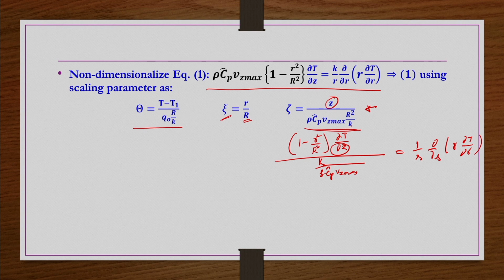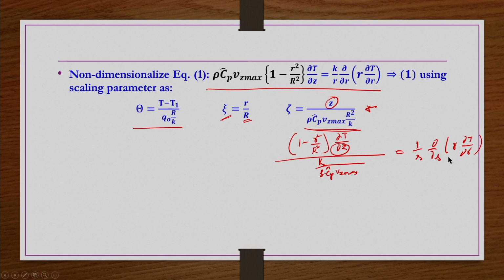So, that is the reason we have written like this. How to select? You have to rearrange this way, and then whatever terms are multiplied by the z term, you take as a scaling parameter to non-dimensionalize the z coordinate, fine.